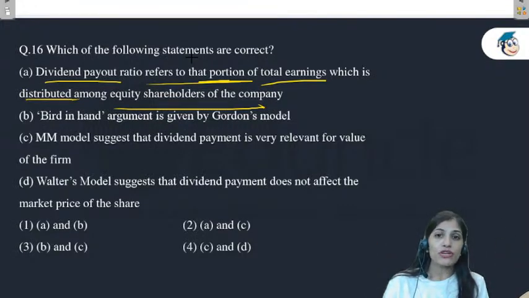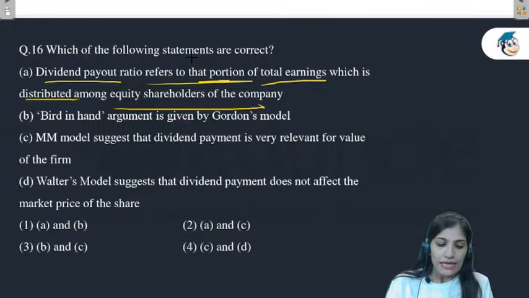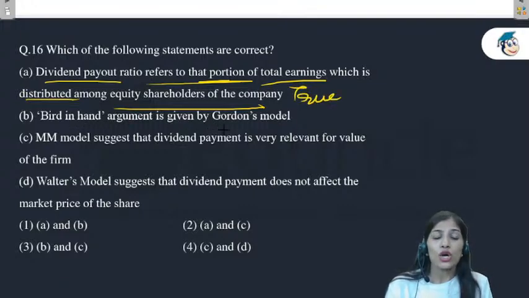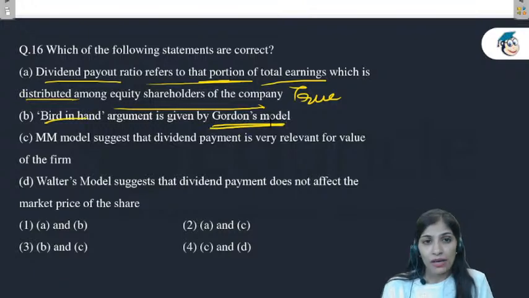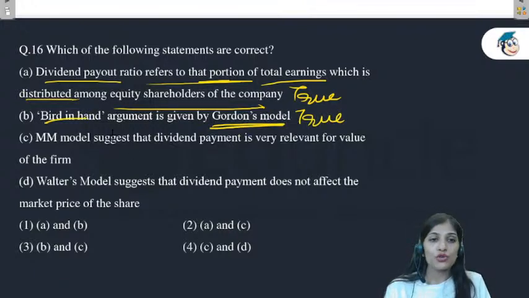Is this true? Okay, it is true. The bird in hand argument is given by Gordon's model. Bird in hand is given by the Gordon model only. So again it is true.